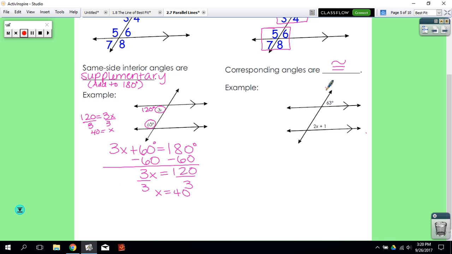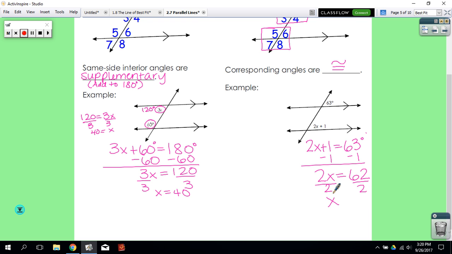So as an example down here at the bottom of your page, you have 63 degrees here and 2x plus 1. If we wanted to solve for x, we know that these two are both going to be 63. So we can just do 2x plus 1 is equal to 63 degrees. Subtract 1. 2x is equal to 62.